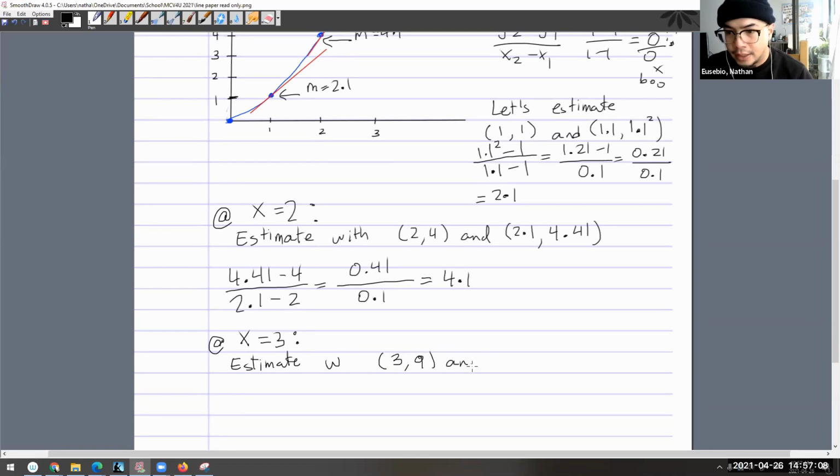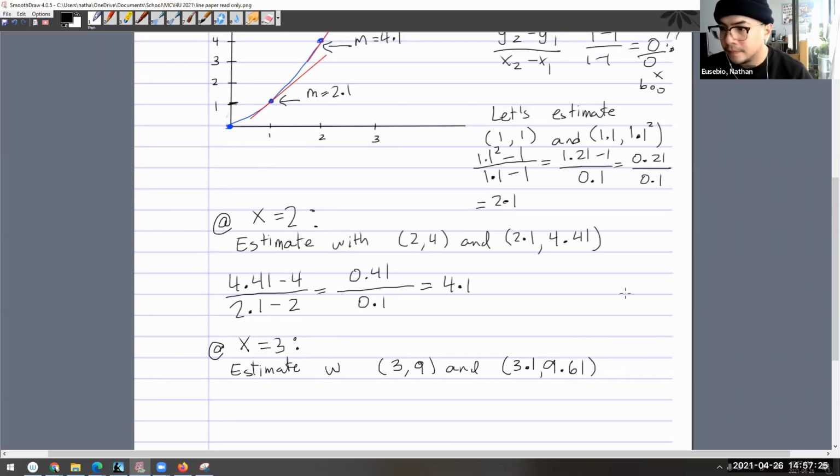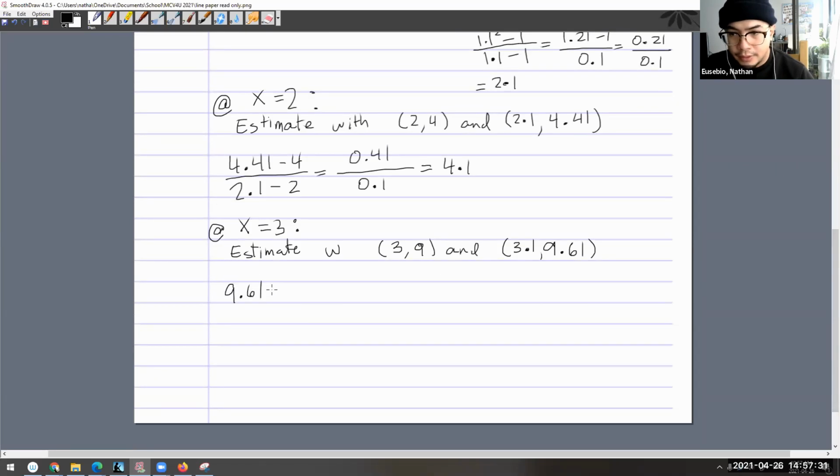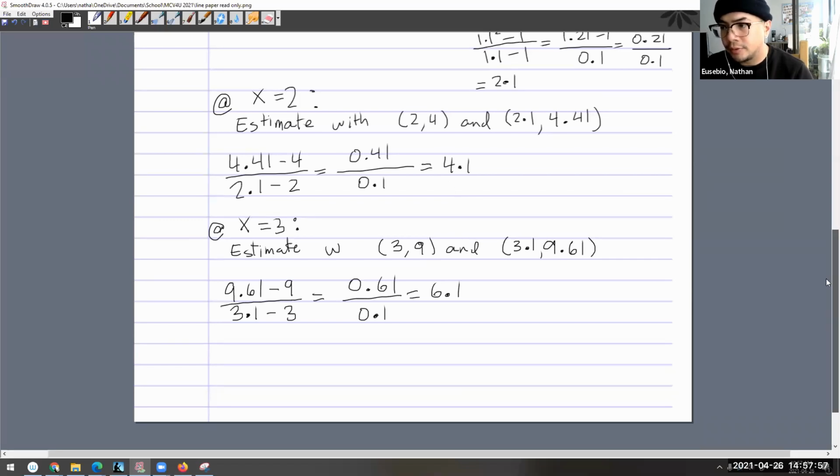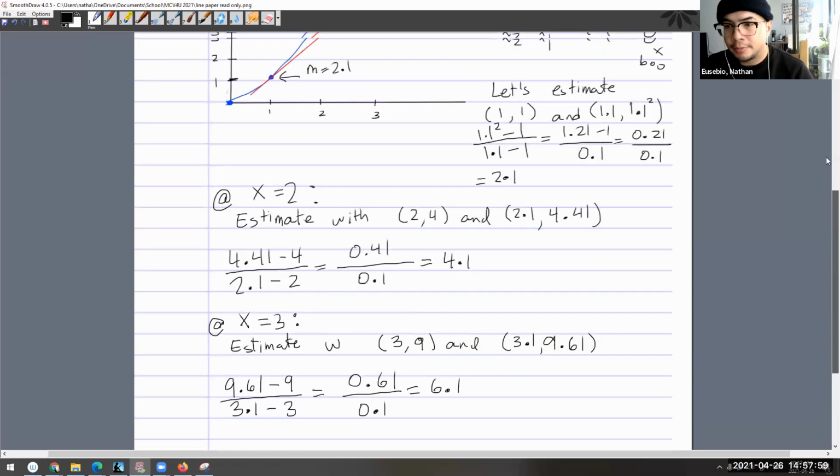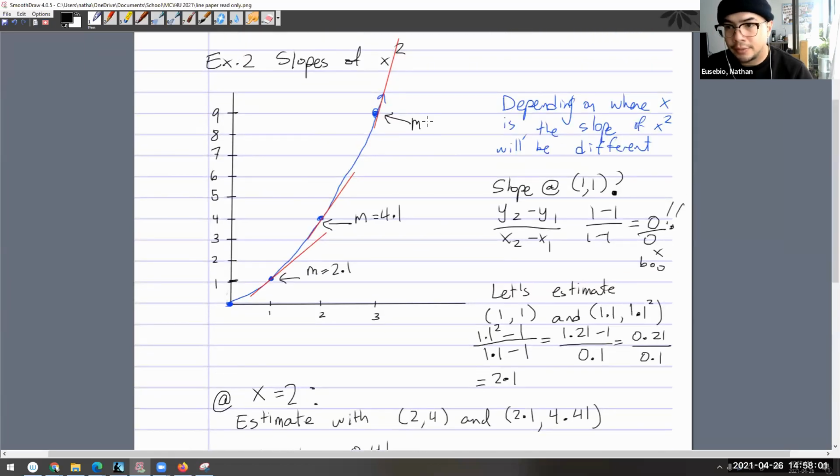So 3 squared is 9, and 3.1 times 3.1 gives us 9.61. So we end up with 9.61 minus 9 all over 3.1 minus 3. So you have 0.61 all over 0.1, 6.1. Okay, so I thought I was going to go 2, 4, 8. It's going 2, 4, 6, right? So 2.1, 4.1, 6.1. So the slope on here is 6.1.